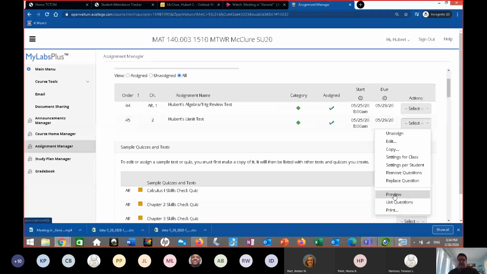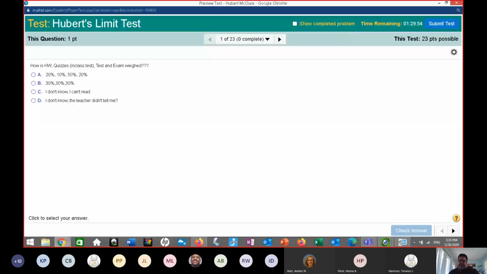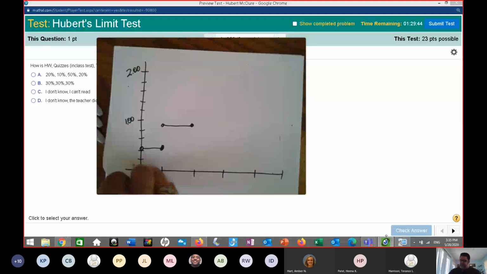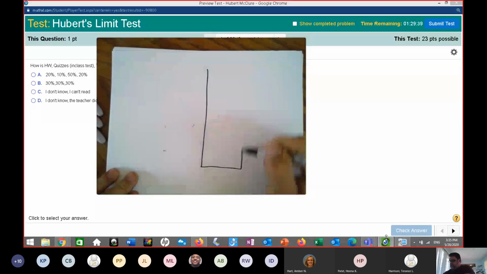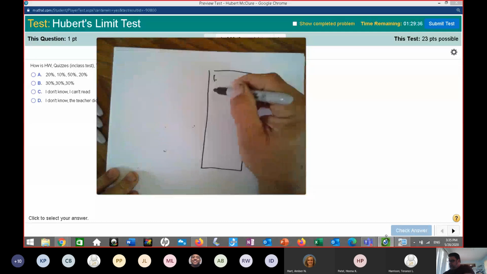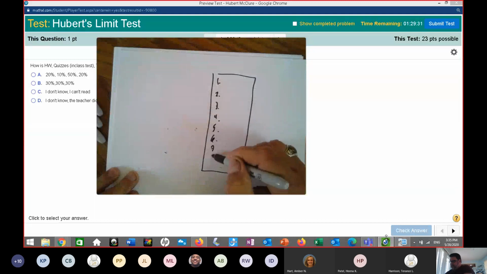Now let me go ahead and explain right now that I am not an idiot. I'm not going to give you the same test that I'm showing you right here. When I make these tests up, let's say I make a test with 10 math questions: 1, 2, 3, 4, 5, 6, 7, 8, 9, and 10.